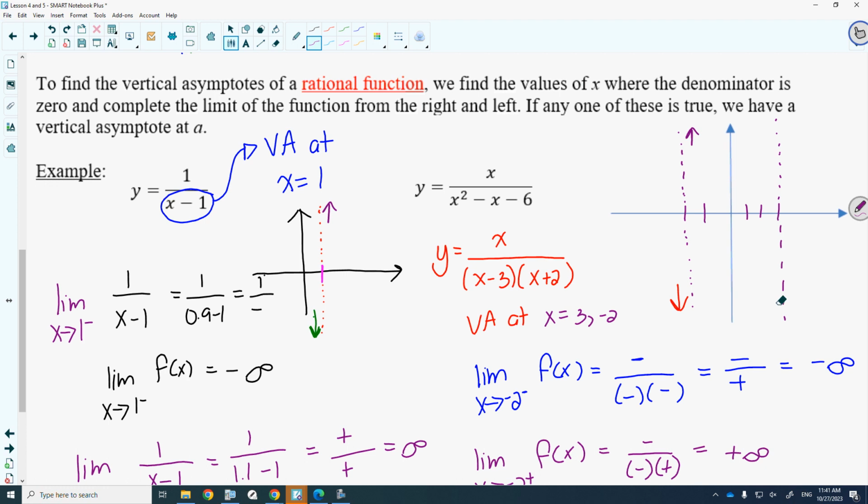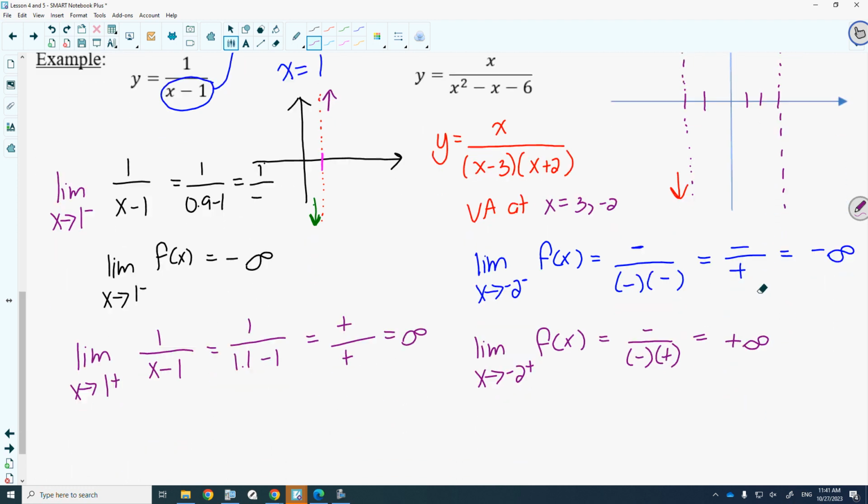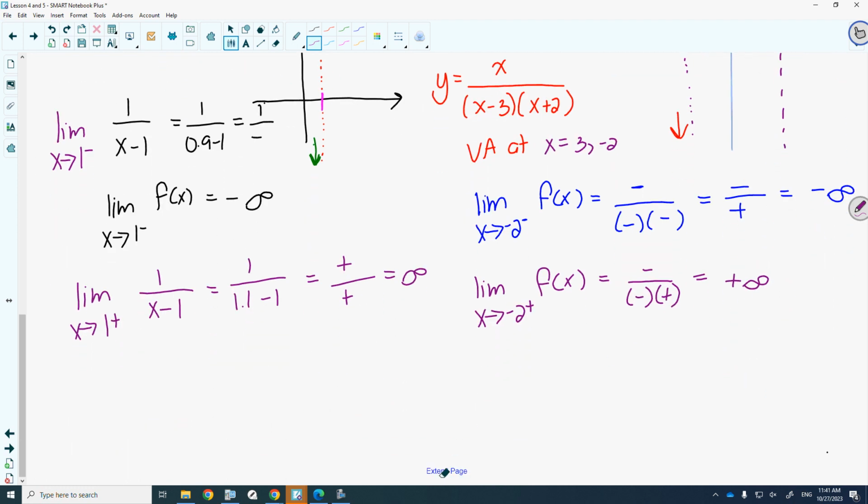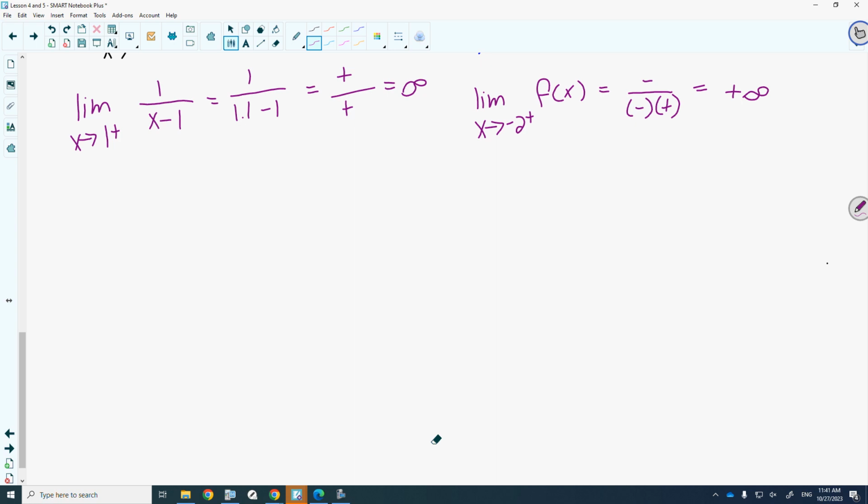Okay, let's approach 3 from the left, and then we're going to approach 3 from the right. So limit as x approaches 3 from the left. You guys actually put it in, and I'll just pick 2 different people. I'd probably choose 2.9 for the left, and for the limit as x approaches 3 from the right, choose 3.1 to put into your factored function.